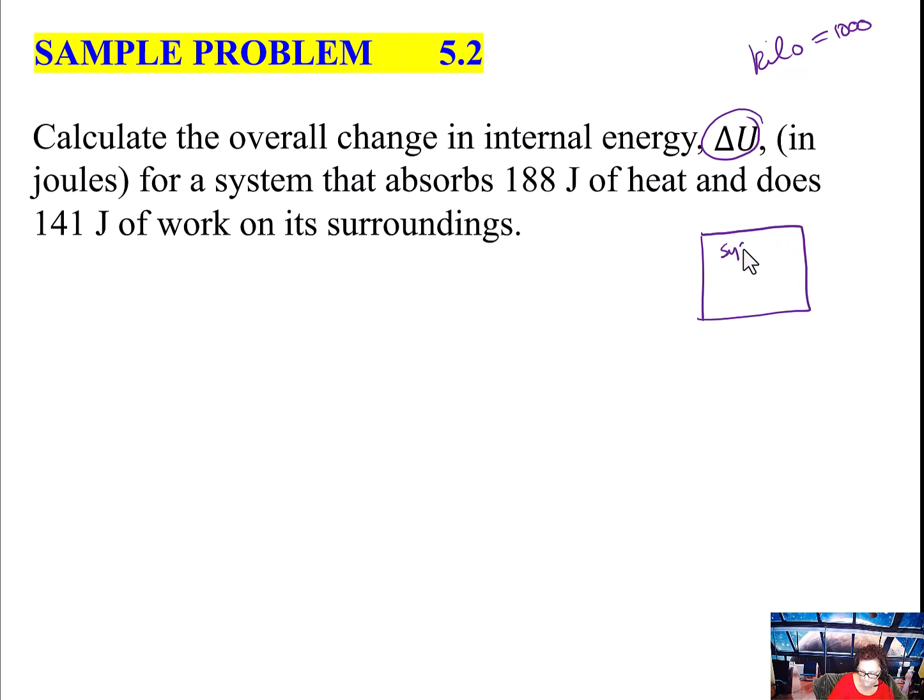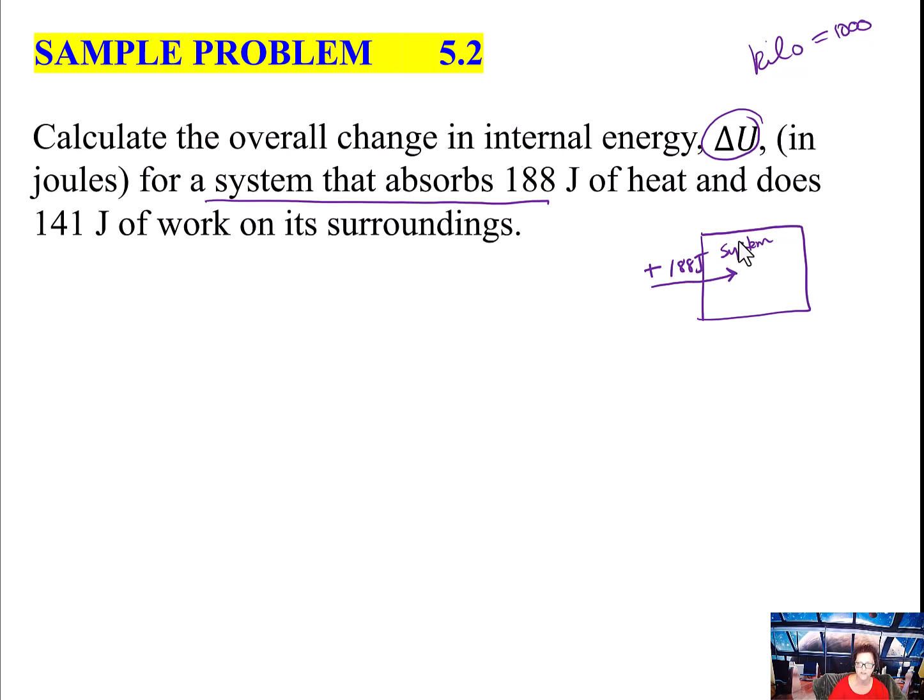Inside, the system is going to absorb 188 joules. So if I'm absorbing, then that means I'm pushing it in there. So that's adding 188 joules to my system. Now I don't know what the energy was to begin with. I only know that I'm changing it.